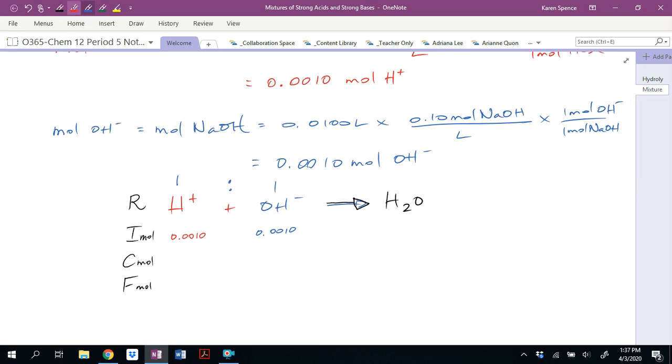So we're going to use up all of our hydrogen, and we're going to use up all of our hydroxide, and we are going to end up with, well, the water didn't start at 0 because it's the solvent, but we'll just put a blank there, and it's going to go up by 0.0010 moles.